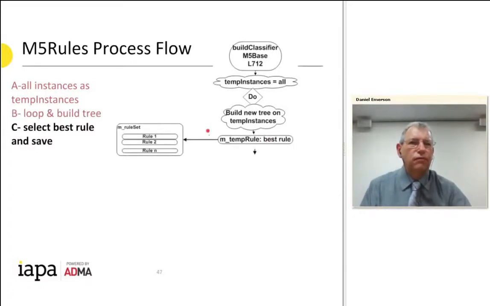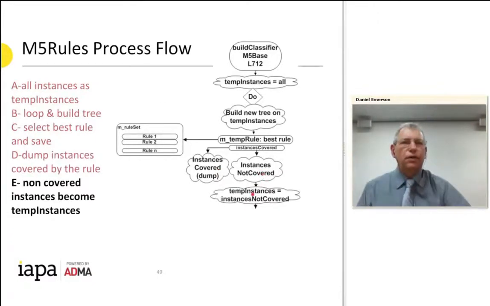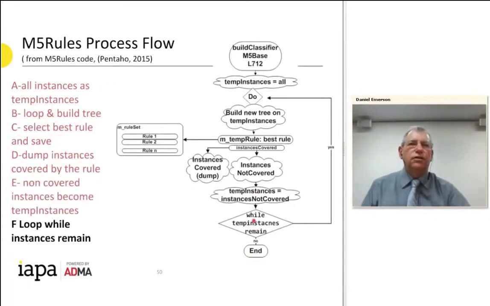The instances not covered are converted into temp instances, and the temp instances are used to build a new tree. And this is repeated until no instances remain. And so we end up with semi-independent rules which are better able to describe the multiple classes.